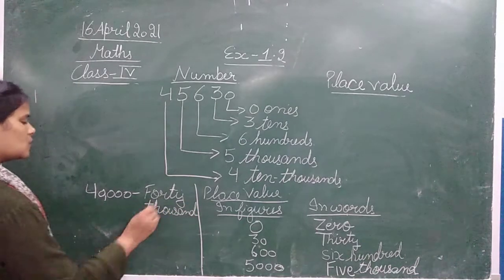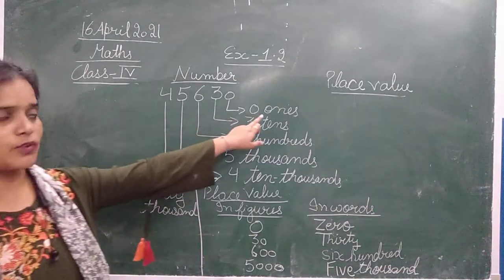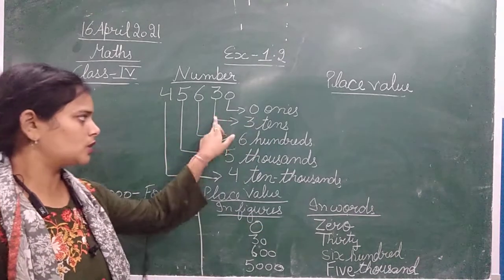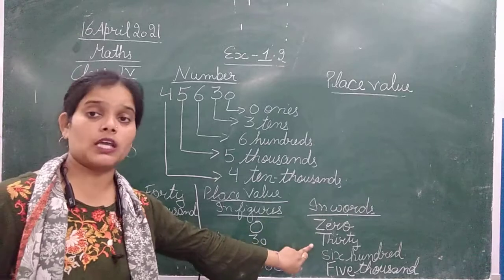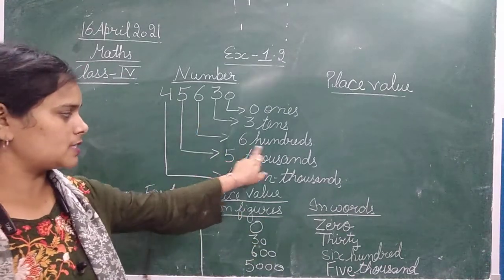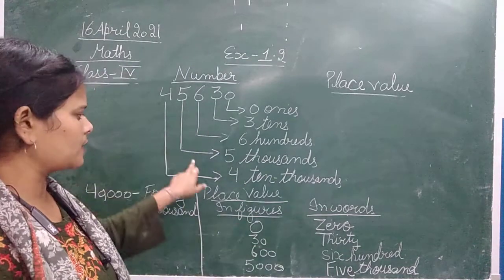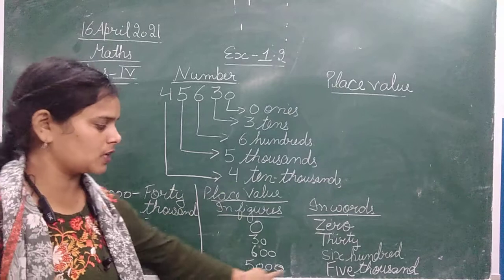Okay. So this is the place value of the given number. तो देखिए 0 was at ones place, so it is 0. 3 was at tens place, it is 30. Okay. 6 was at hundreds place, that is 600. Next, 5 is at thousands place, that is 5,000.